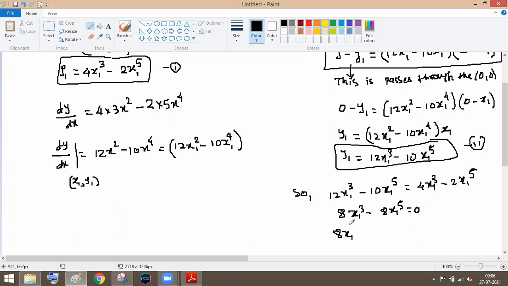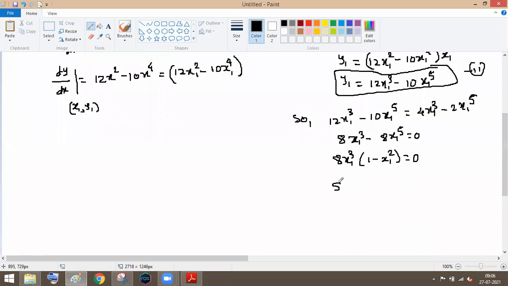Now can I take 8x1 cube outside? We'll get 1 minus x1 square equal to 0. It means if I equate 8x1 cube equal to 0, and 1 minus x1 square equal to 0, then we'll get 1 equal to x1 square. So from here I'll get x1 equal to 0, and from here x1 equal to plus minus 1.